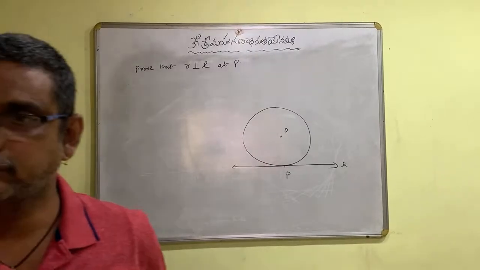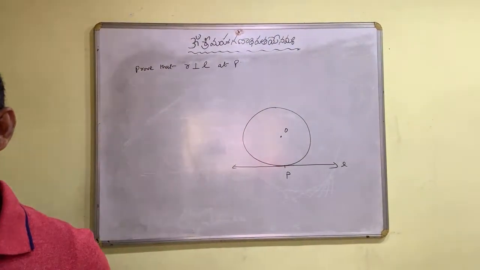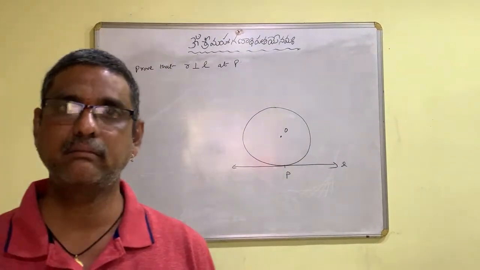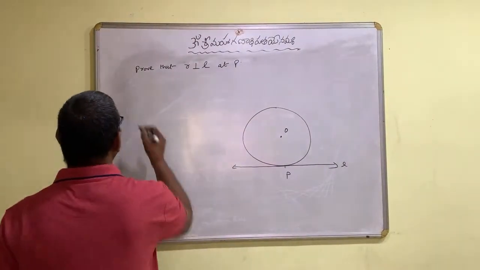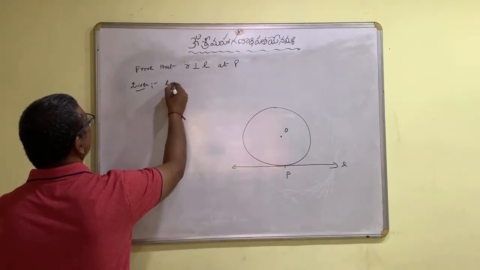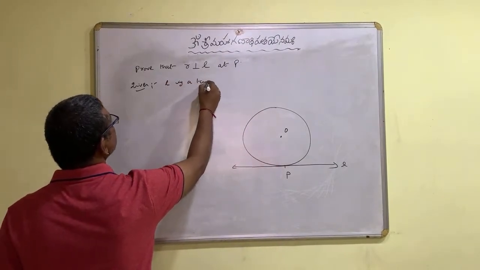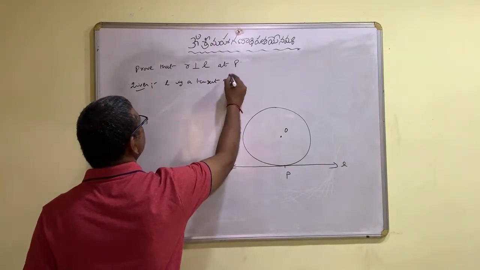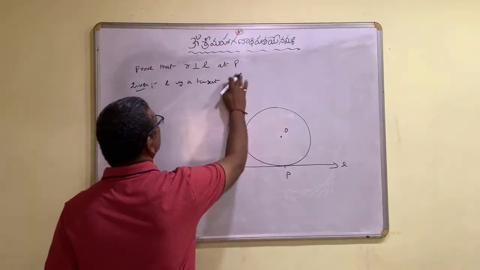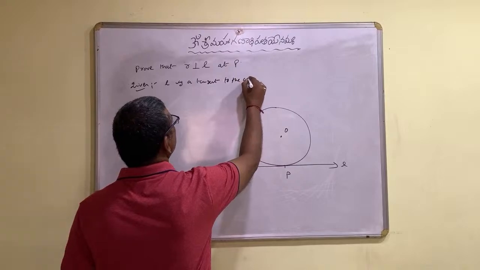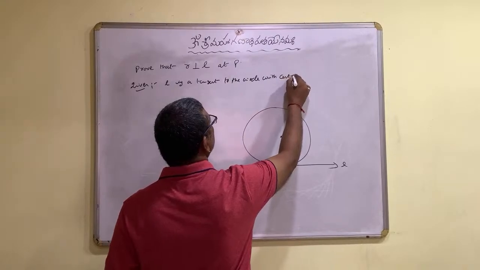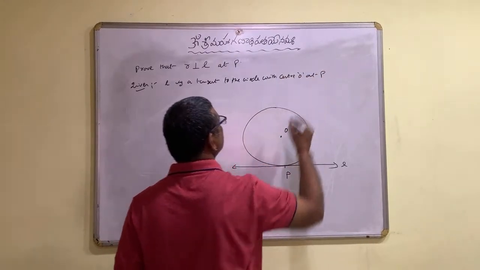Theorem number 1. Radius is perpendicular to the tangent at their point of contact. That is the theorem. So what is given? Line L is a tangent to the circle with center O at P. This is given.